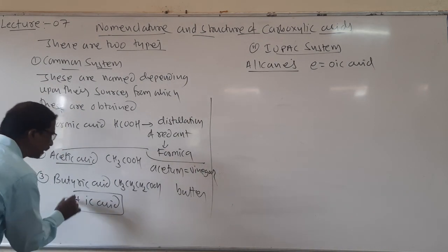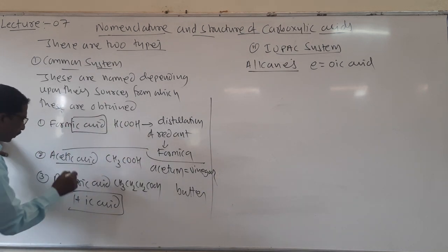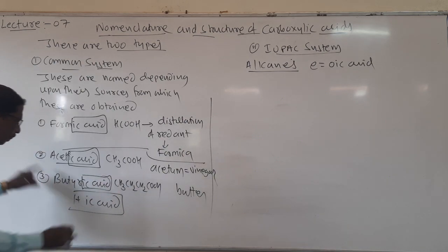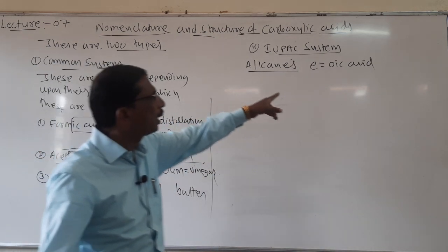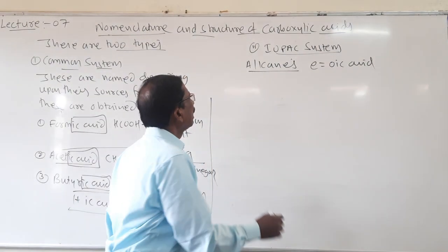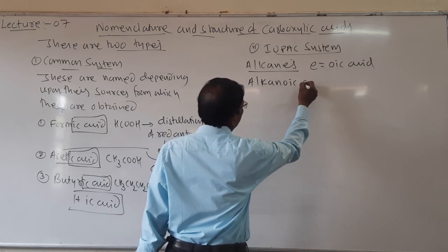These contain IC acid: formic acid, acetic acid, butyric acid. But here E is replaced by OIC acid. And these carboxylic acids are called alkanoic acids.